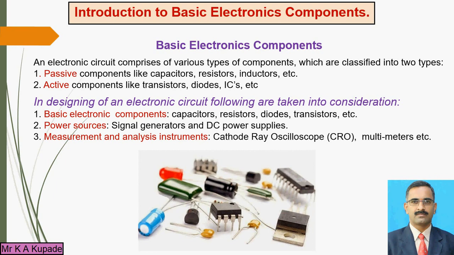Now, whenever you are designing any electronic circuit, you have to take some considerations. The first is the basic electronics components needed to design these circuits, which are capacitors, resistors, diodes, transistors, etc. Next is the power source, that means applying energy to that particular circuitry.